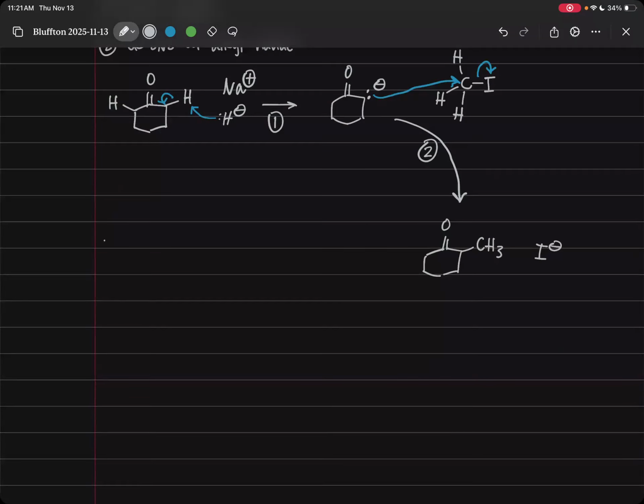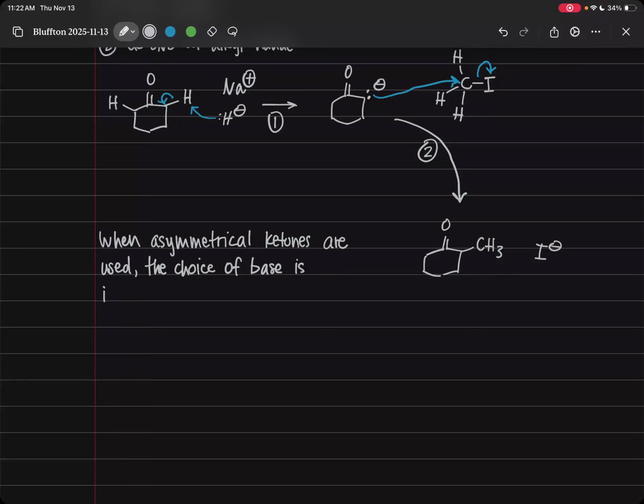But if we use an asymmetrical ketone, you need to make sure that you pick the right base, as in sodium hydride or something else, in order to get the product that you want.